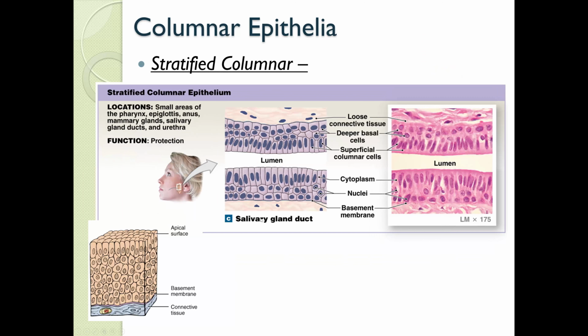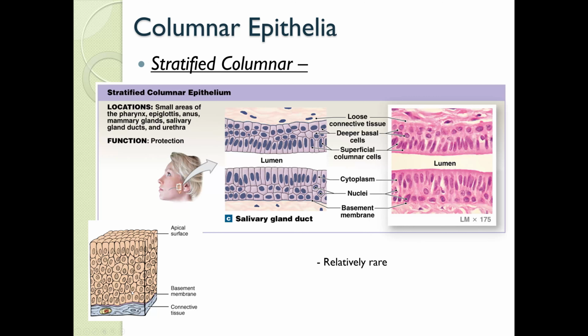And then there is a true stratified columnar, but this one is actually also pretty rare, like the stratified cuboidal. So again, if you see something that looks like it is stratified columnar, it's probably going to be pseudo-stratified columnar. So a true stratified columnar would have column-like cells at the apical surface.